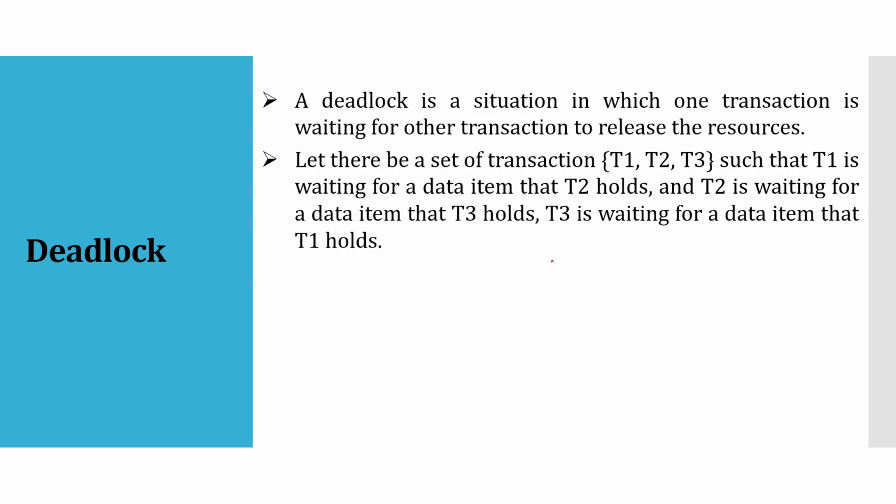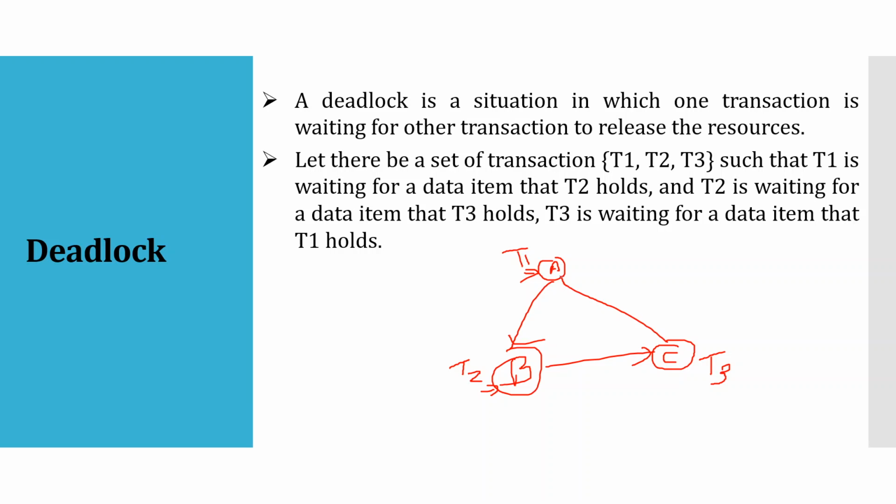Let us say a data item A, a data item B, and a data item C. T1 is already holding A, T2 is already holding B, and T3 is holding C. Now T1 is holding A but it wants B, T2 is holding B but it wants C, and T3 is holding C but it wants A.